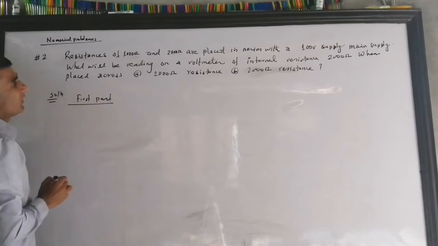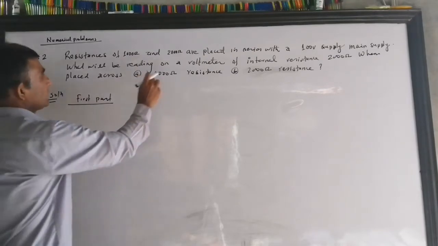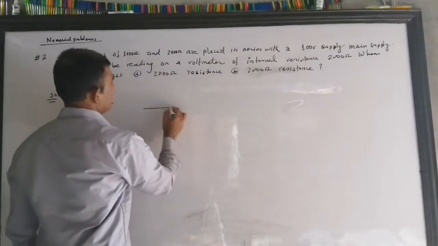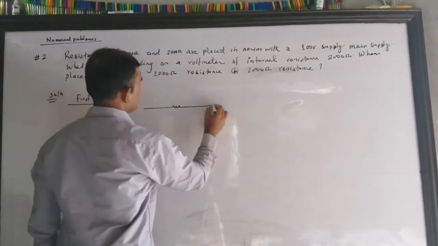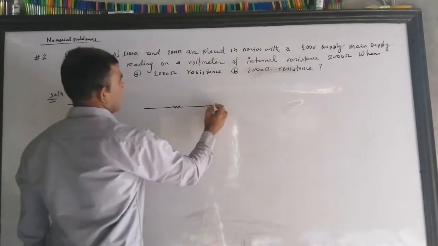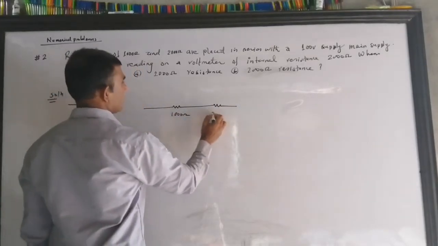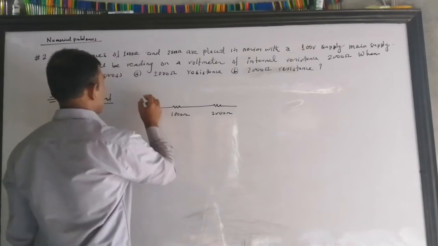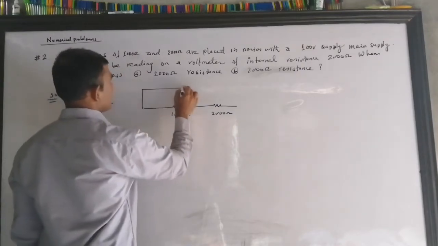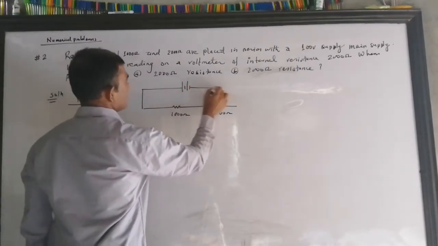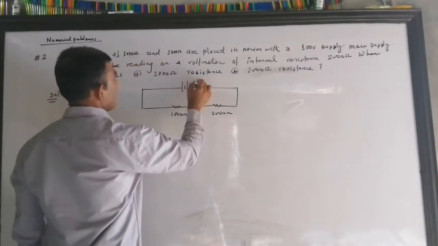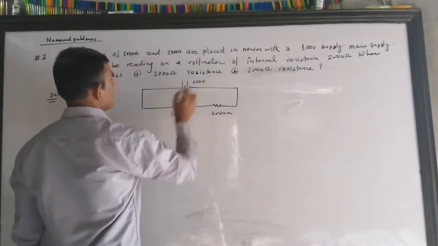The first part is when the voltmeter is connected across the 1000 ohm resistance. So the question is telling we have two resistances, one is 1000 ohm, the other is 2000 ohm, and this is connected to the battery which has a supply voltage of 100 volts. So this was our original question.